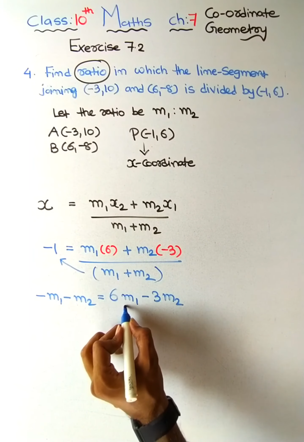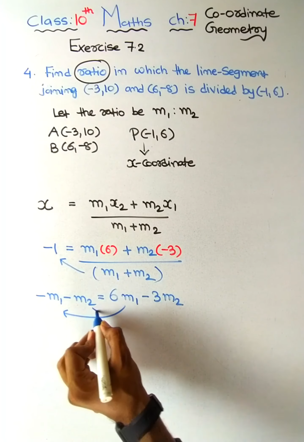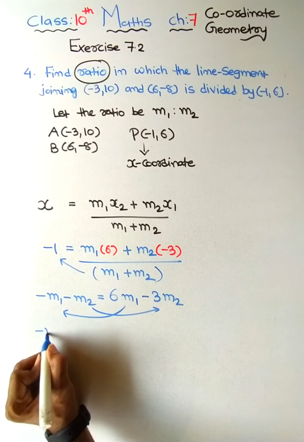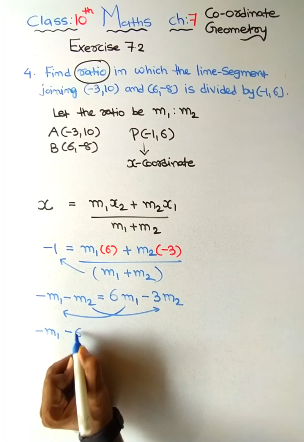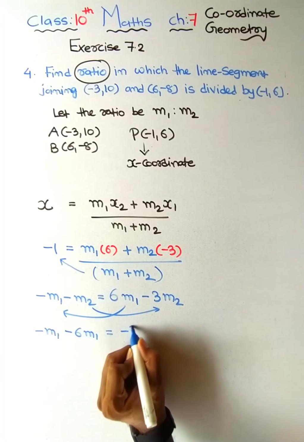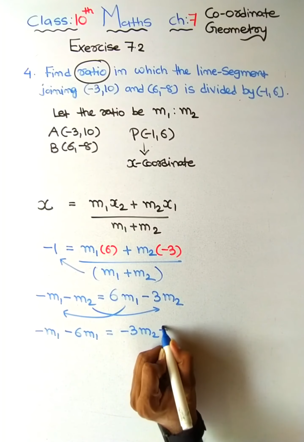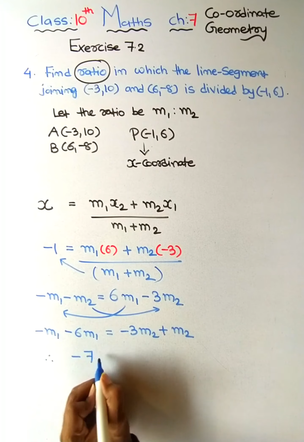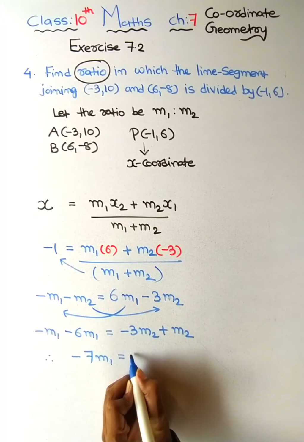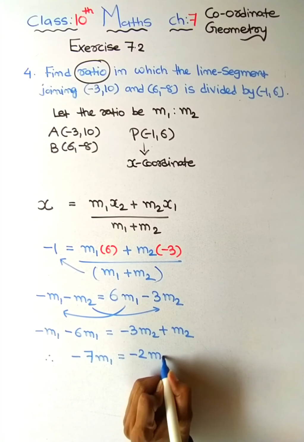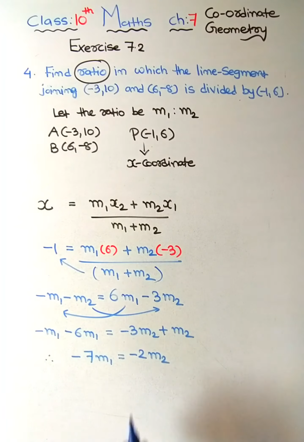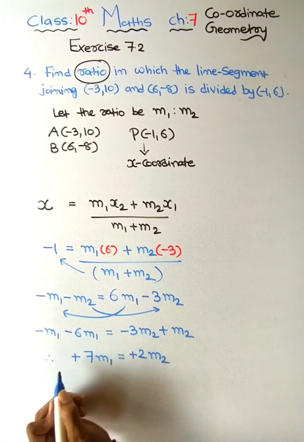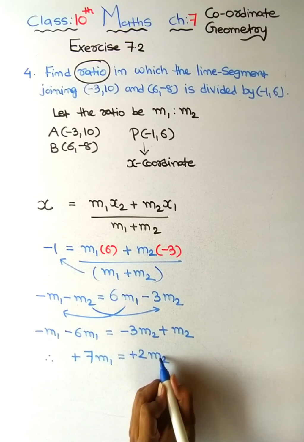So taking m1 on one side and m2 on the other, here it will be minus m1 minus 6 m1, over here minus 3 m2 plus m2. So here we have minus 7 m1 and over here we have minus 2 m2. Now just cancel out all the minus signs on both sides and we will find out m2.